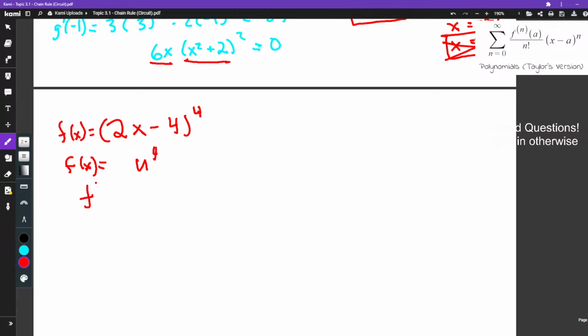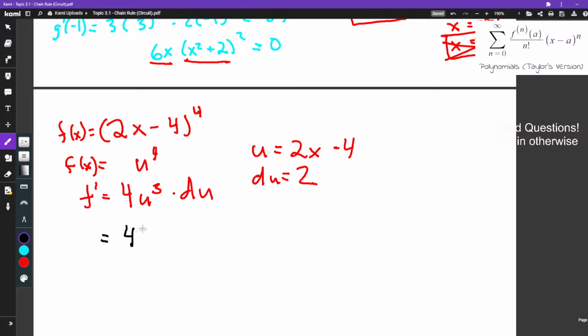And f prime is equal to 4u cubed times du. Well, u is equal to 2x minus 4. du is equal to 2. Replace.